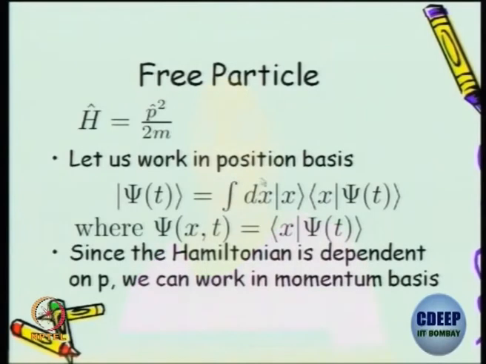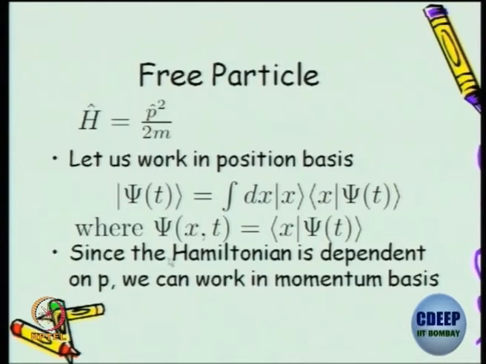This is the integral over the position with the outer product of the position states. That is an identity operator. This integral dx, |x><x| is an identity operating on the same. So, left hand side is same as right hand side, because this is an identity.